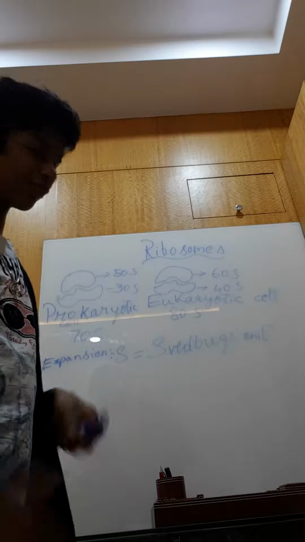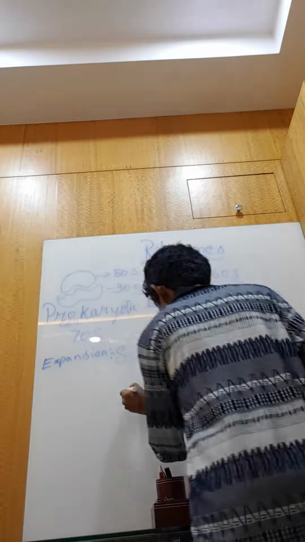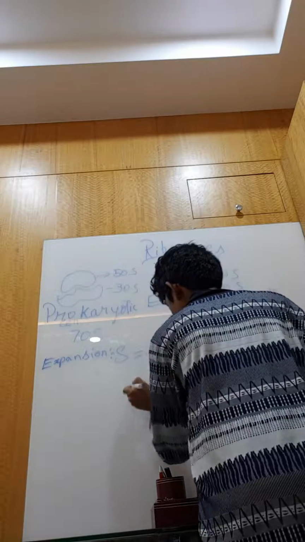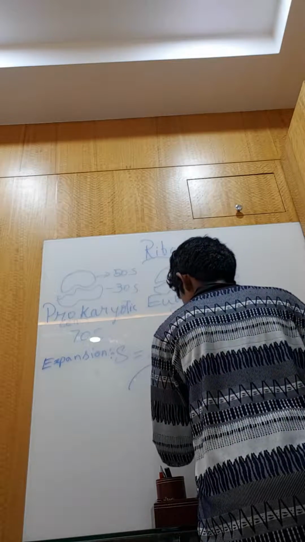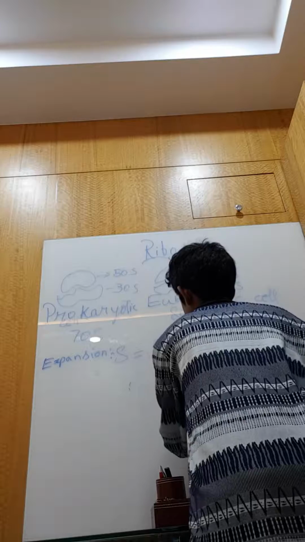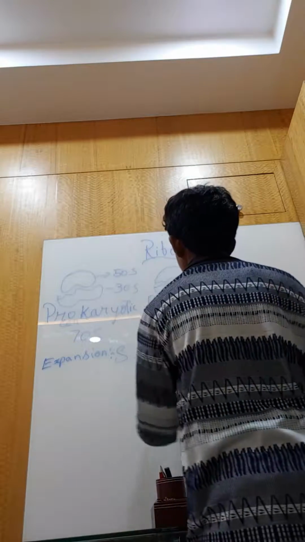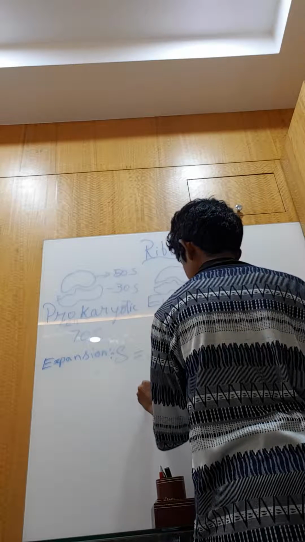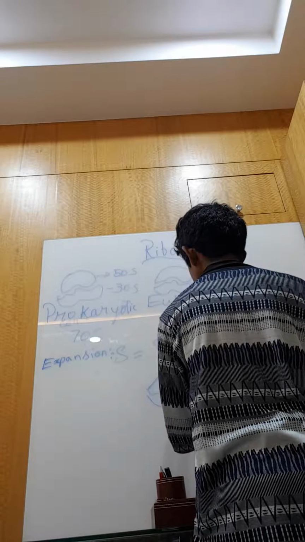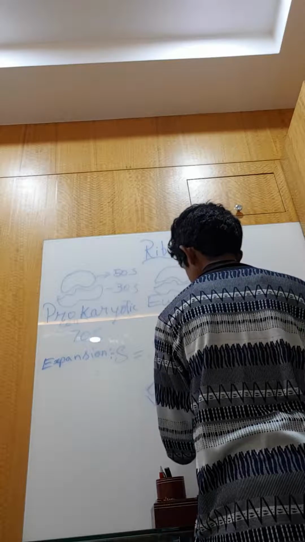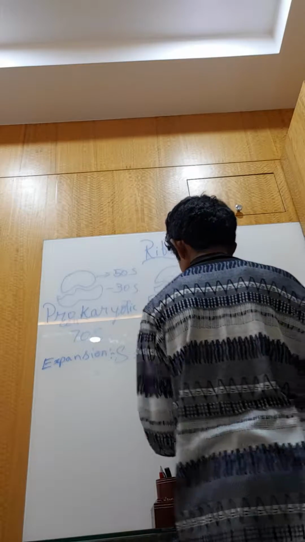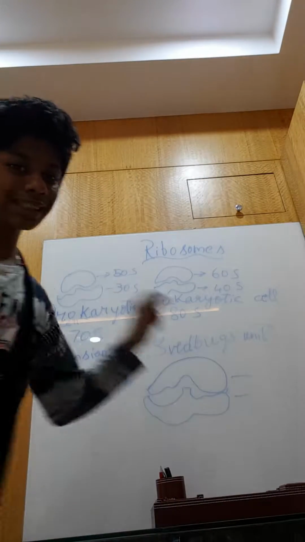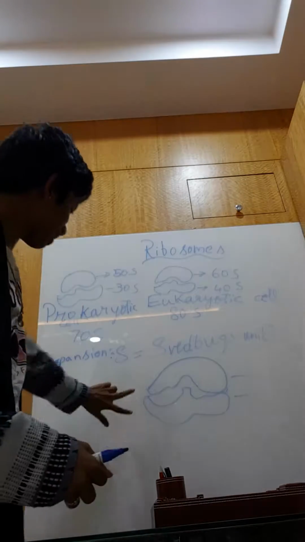There are two parts of ribosomes. These are the parts of ribosomes. There are mainly two parts.